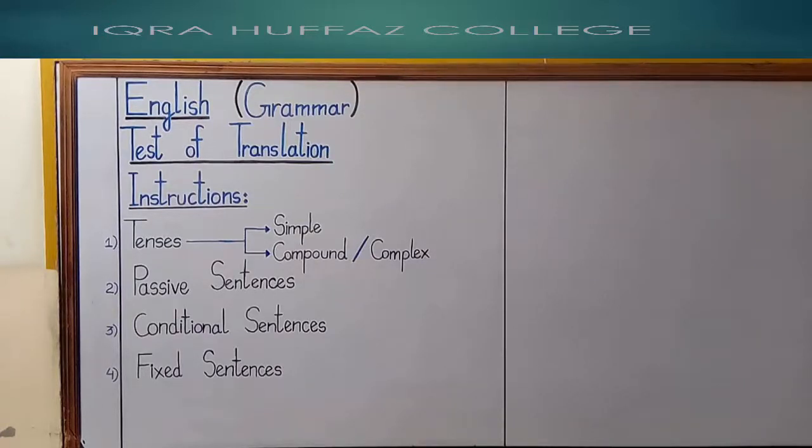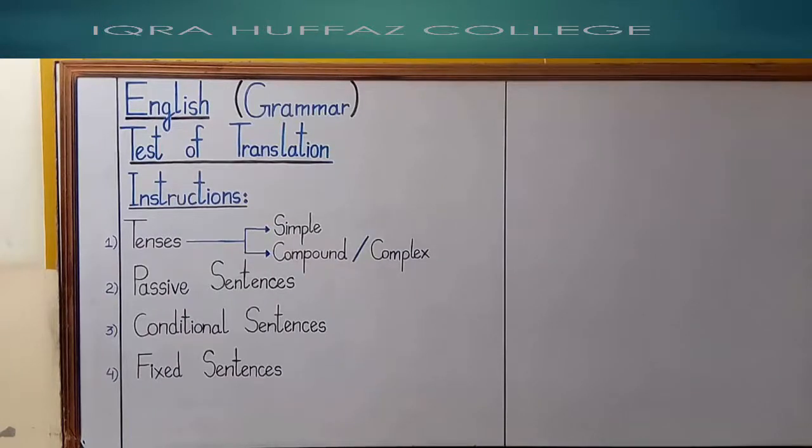And I have also discussed with you the formula of type 1, 2 and 3. In type 1 we use if plus present simple and then will clause. In type 2 we use if plus past simple and then would clause. And in type 3 we use if plus past perfect and then would have clause.